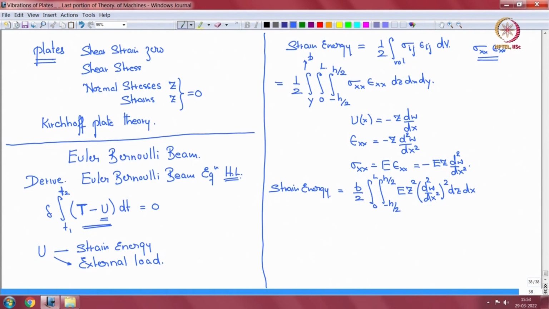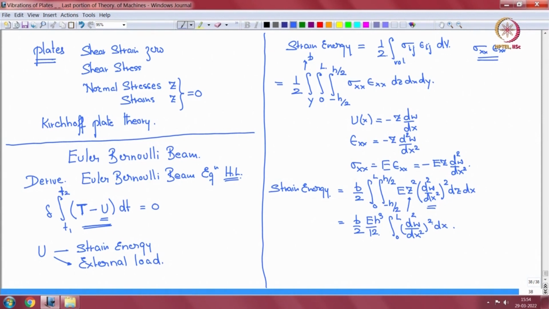Only this z is a function of z, these are not functions of z, and so this ends up looking like b by 2 E h cube by 12 integral 0 to L d2w dx square whole square dx.